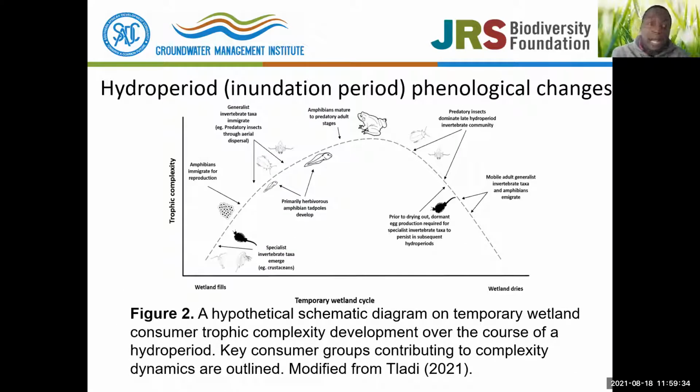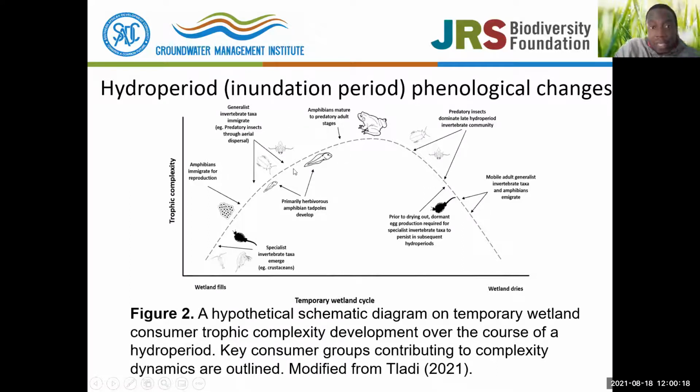And then if you look at how the communities change across a hydro period, what we have observed is that when the wetland first fills, you tend to get wetland specialists such as your triops, your paradiaptomid copepods, your larger cladocerans, and you also get your fairy shrimp. And then a few weeks into your wetland filling, your amphibians start to immigrate and they reproduce.